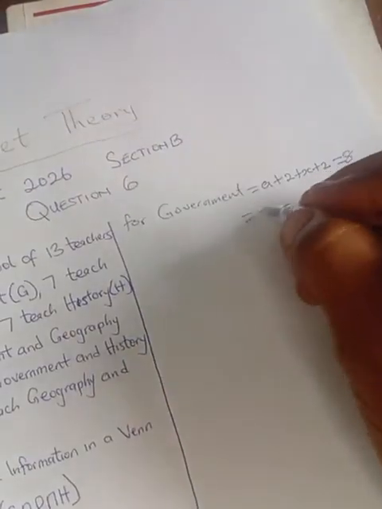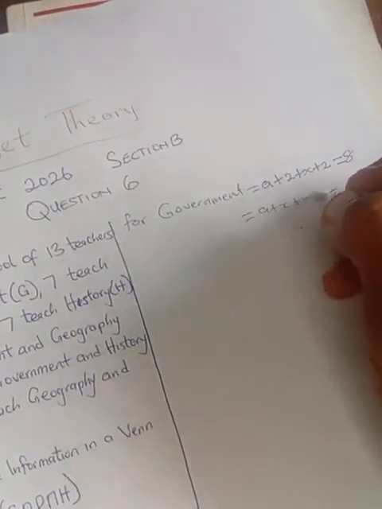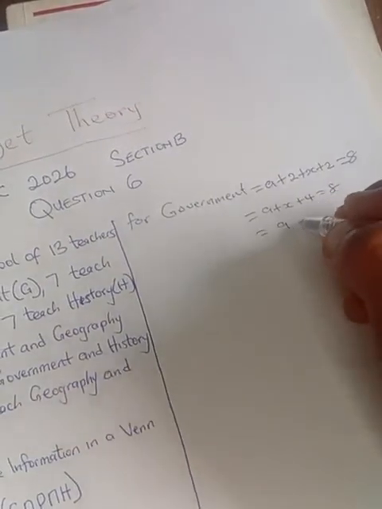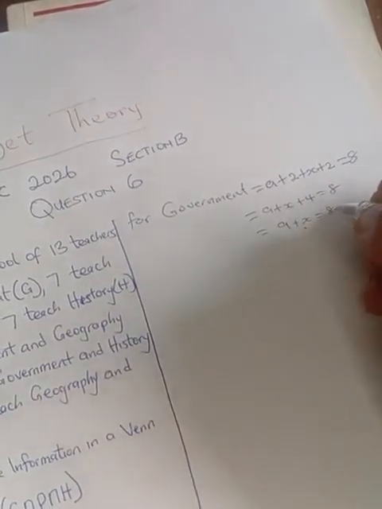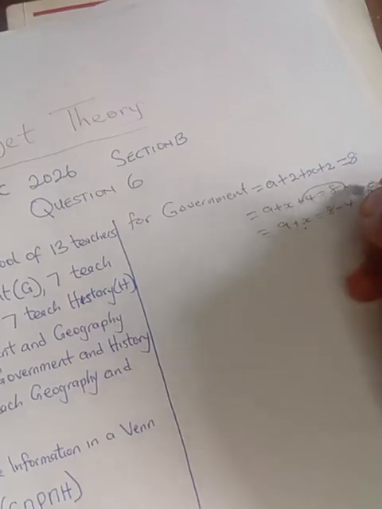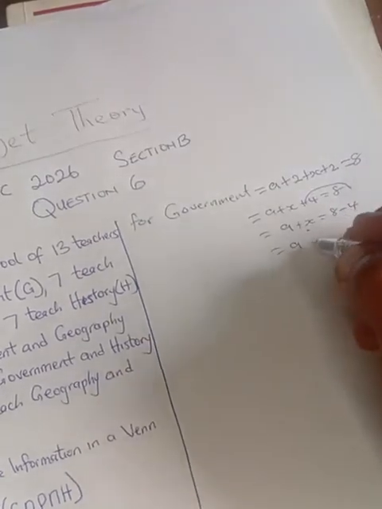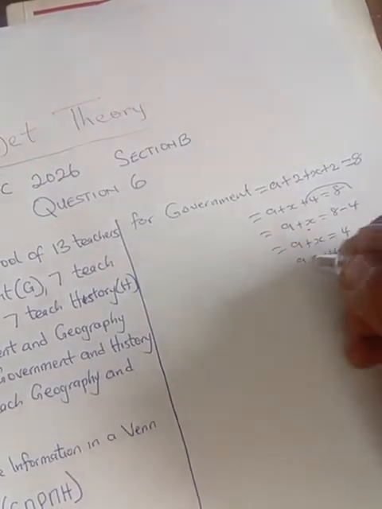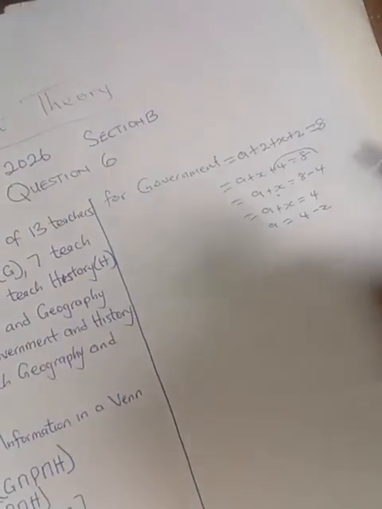So A plus x plus 4 equals 8. A plus x equals 8 minus 4. This 4 will come outside. So A plus x equals 4, so A equals 4 minus x. This is for government.